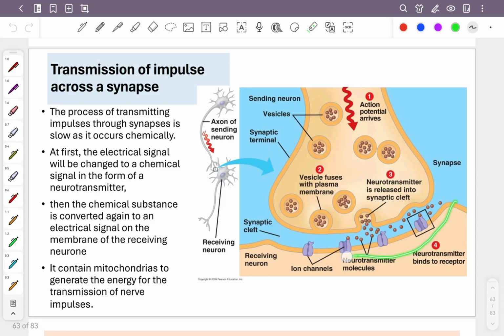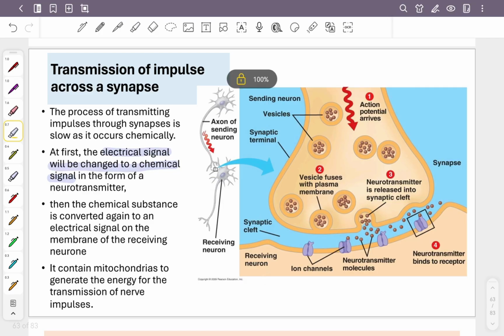And then this is the postsynaptic cell, correct? The postsynaptic cell will have receptors. Do you see? This is the receptor. So the neurotransmitter will bind to the receptor. Then a new nervous impulse is generated and can be transmitted again. Understand? So at first, the electrical signal is changed to a chemical signal in the form of neurotransmitter.